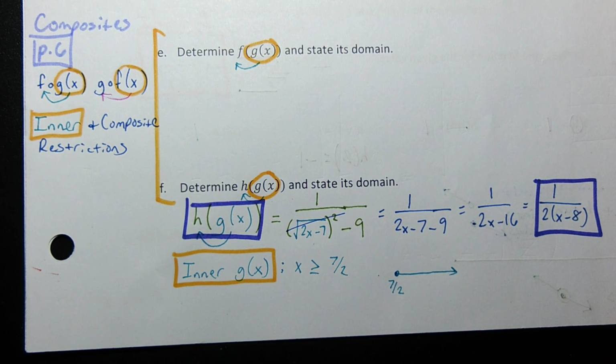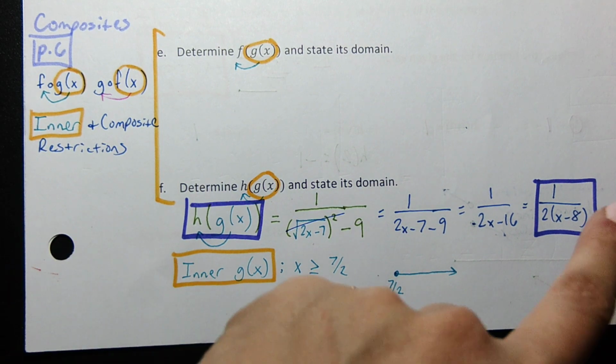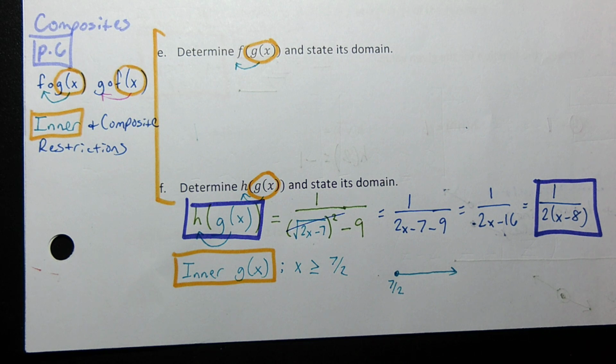Yes. So even though we don't have a square root in the final composite, because I'm streamlining these two functions together, plugging into that original square root first still has that initial restriction. So inner function's restriction matters.